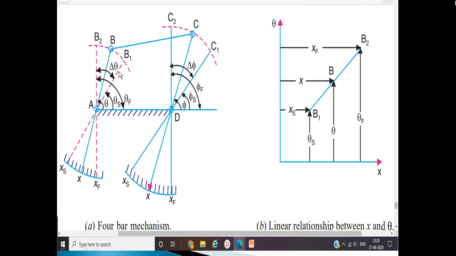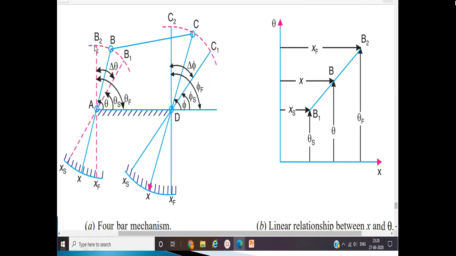So AB makes an angle of theta s with respect to the point A, and theta f is the angle made by AB2, the final input angle, and theta s is the starting input angle. And the B point is nothing but a precision point in between the motion from B1 to B2. That B point is one of the precision points present between the starting point and finish point.